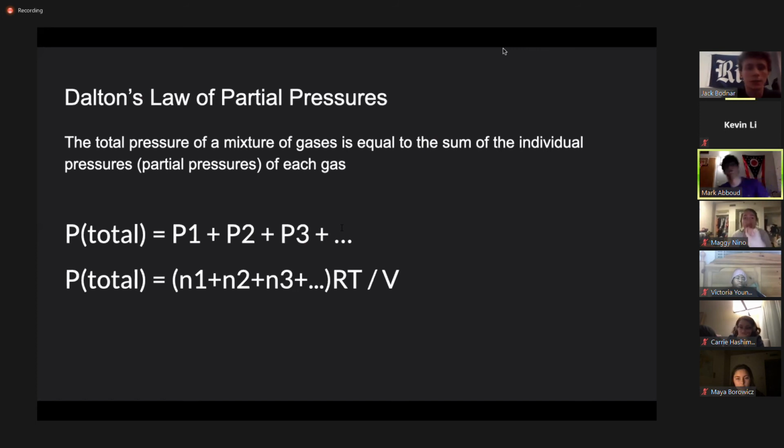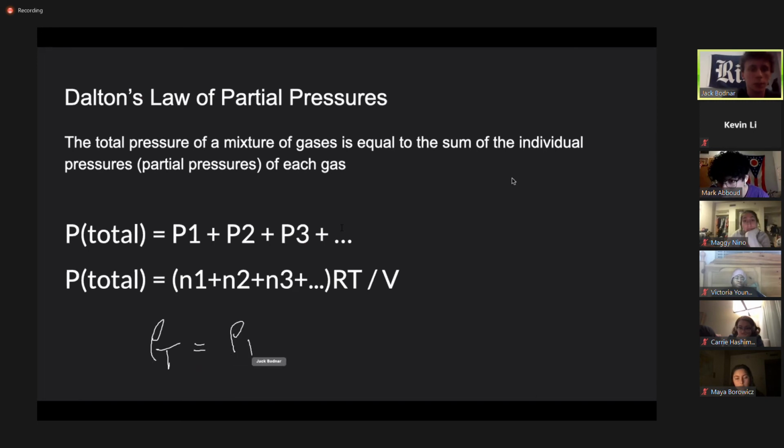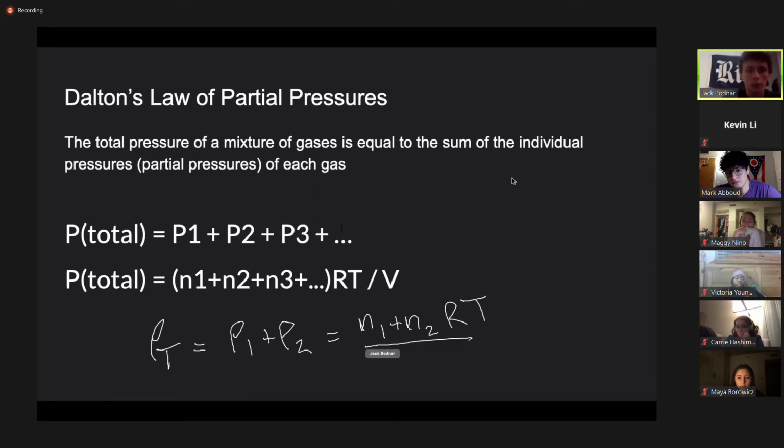Yeah, so we can say P total, just gonna write PT, is equal to P1 plus P2. And then we know that from the ideal gas law, that that's equal to (N1 plus N2) RT over V. This should be in parentheses.